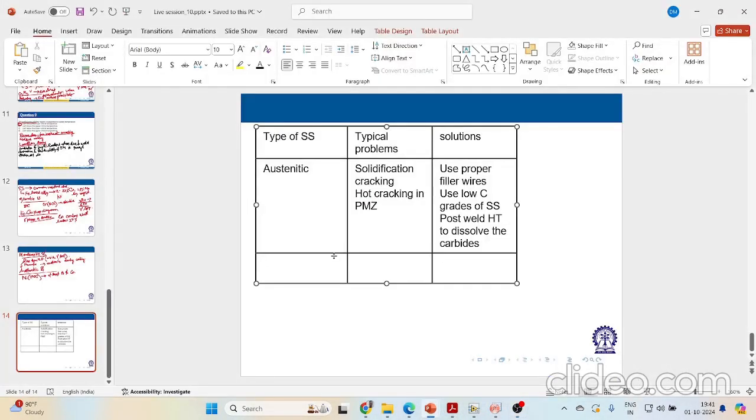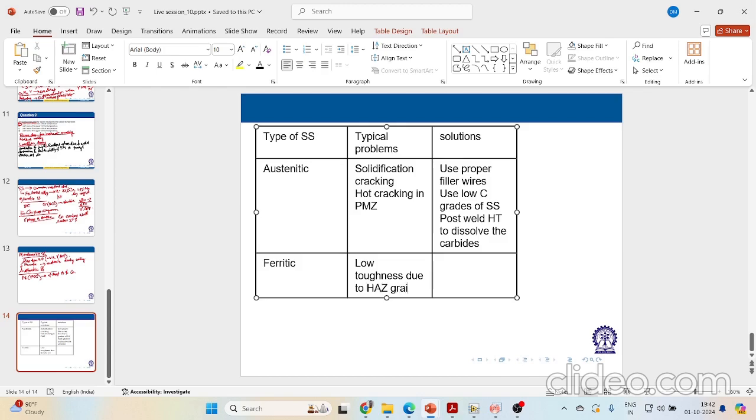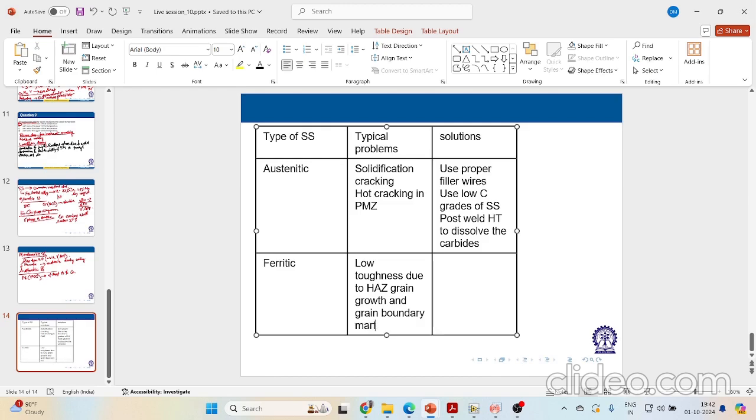Next, ferritic stainless steel. This has low toughness due to heat affected zone grain growth and grain boundary martensite formation. Right? What is the solution?